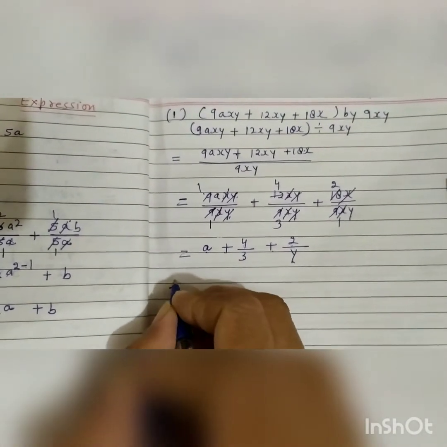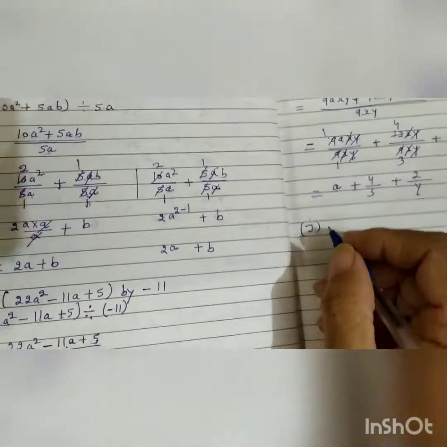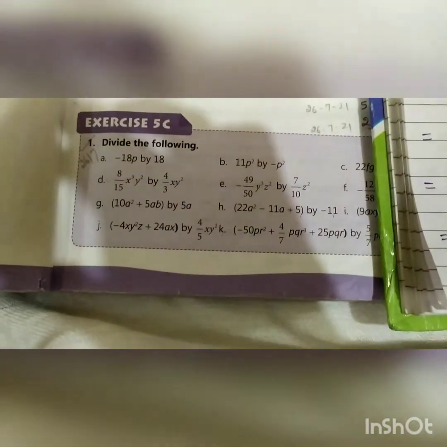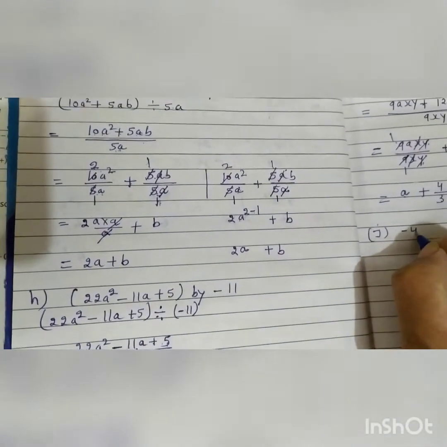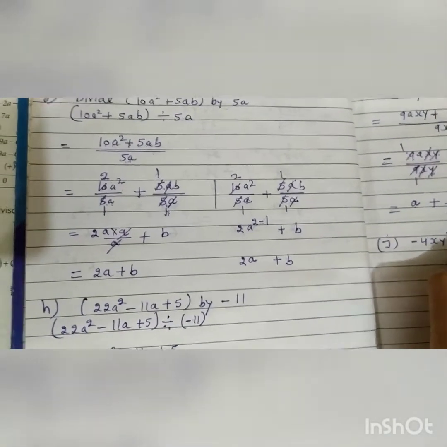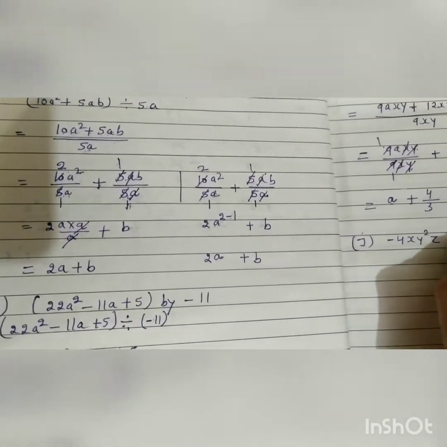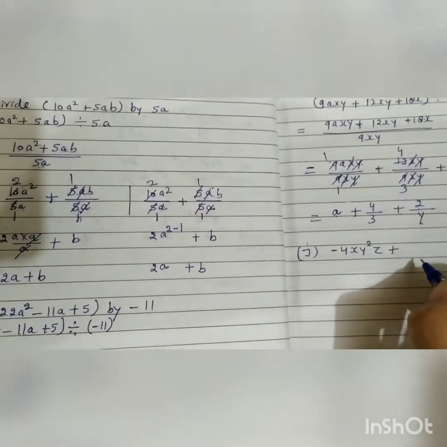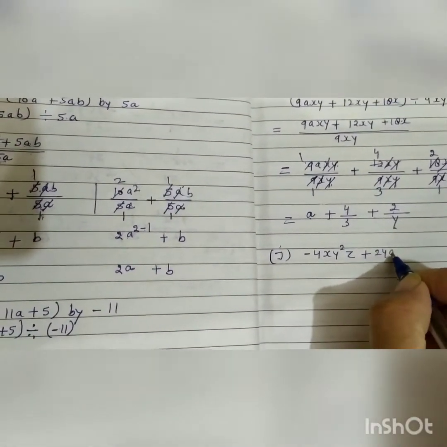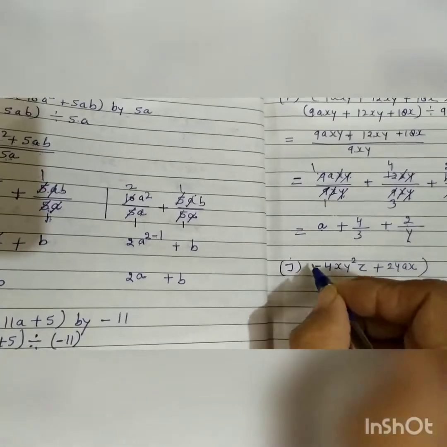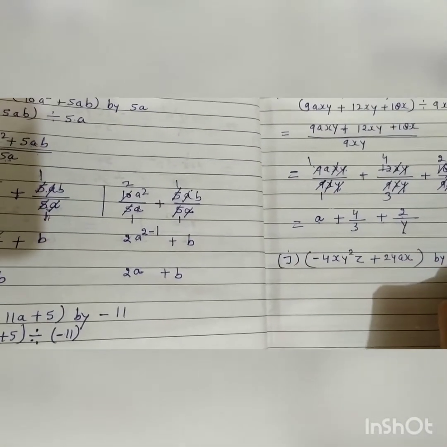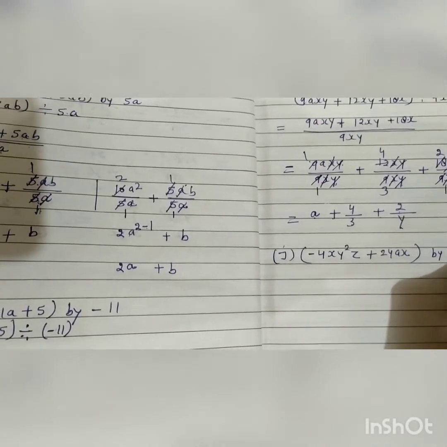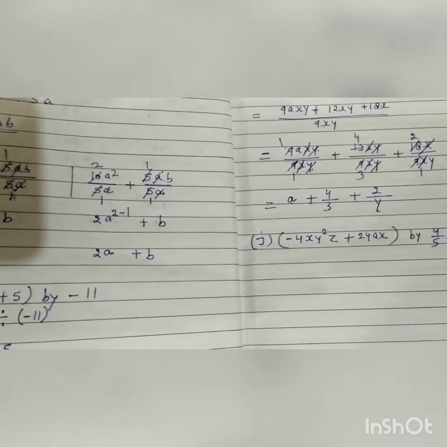Then next part J. In part J, the question is minus 4xy square z plus 24ax divided by 4/5 xy square.